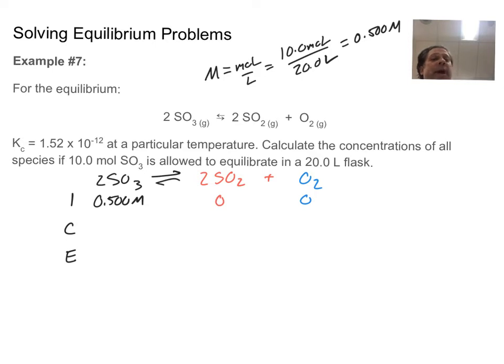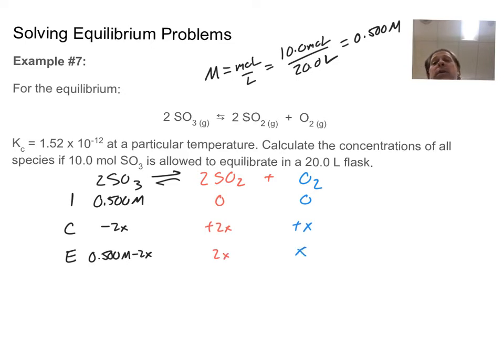As the reaction continues, the change is minus 2x. The change would be plus 2x, and the change would be plus x. Now, when I go through and I bring this down to the bottom, I get 0.500 molar minus 2x, 2x, and x.